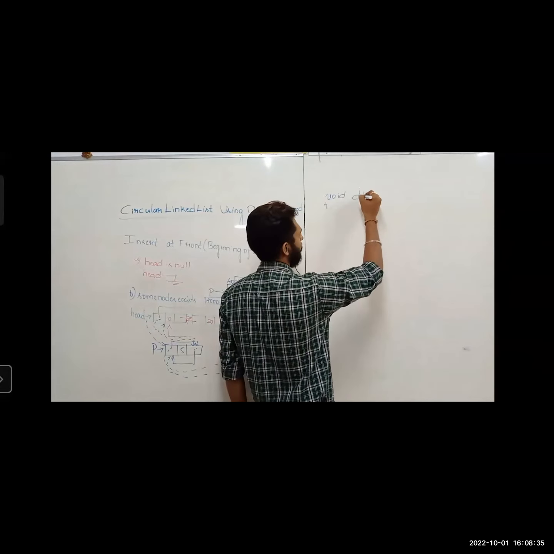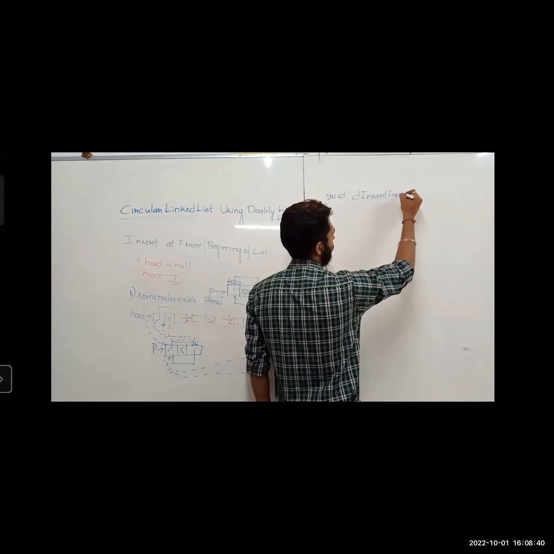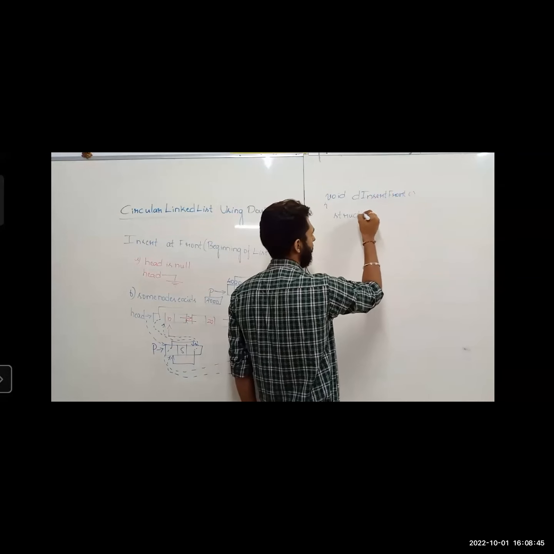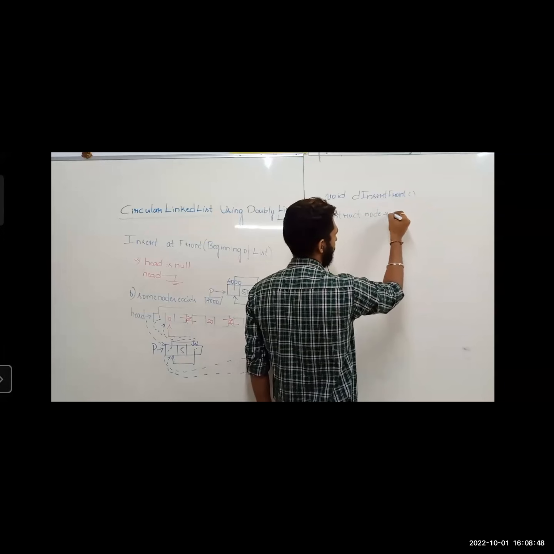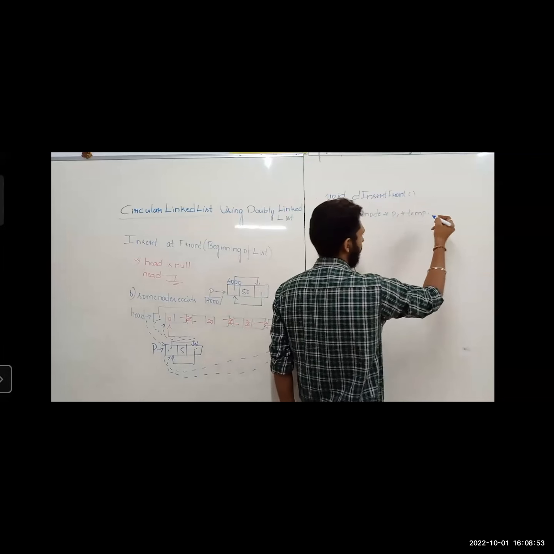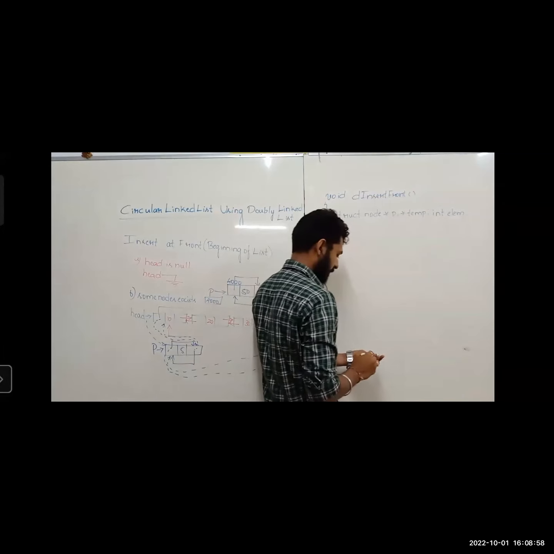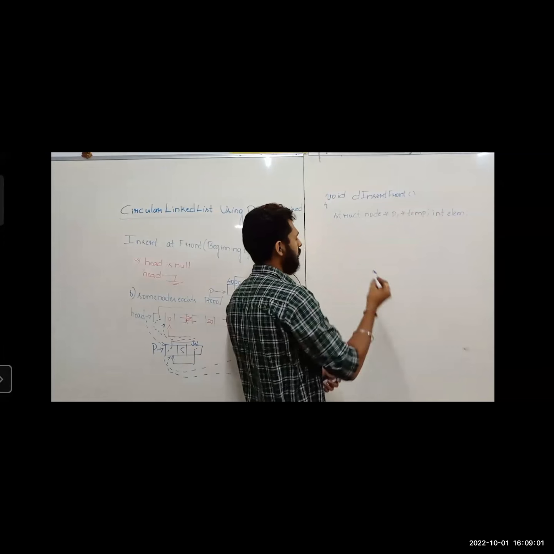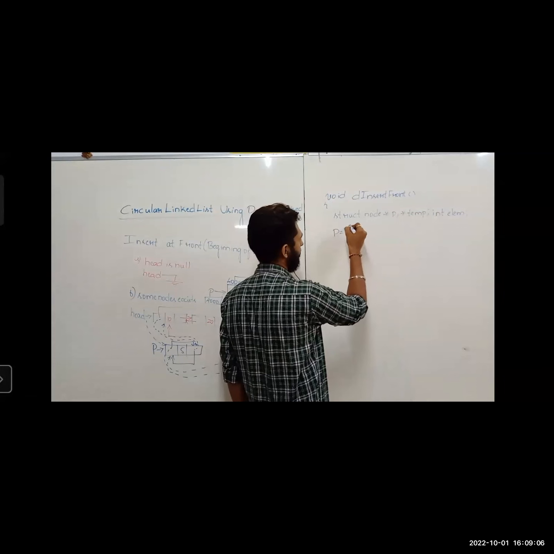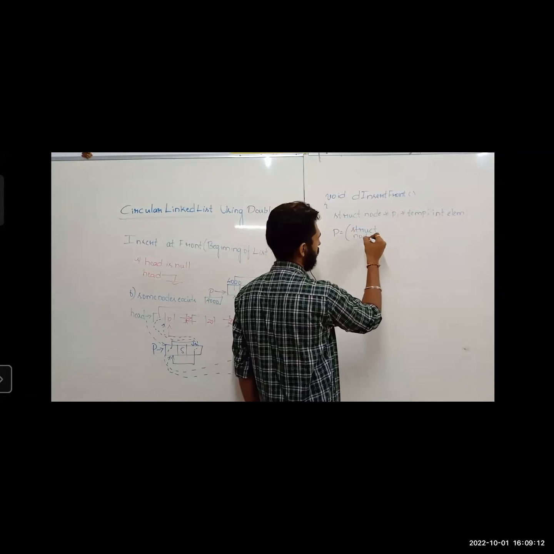D insert front, which means here first thing I'll write struct node star P, and then next, struct node star.